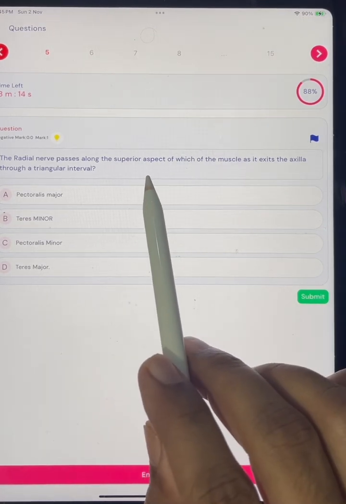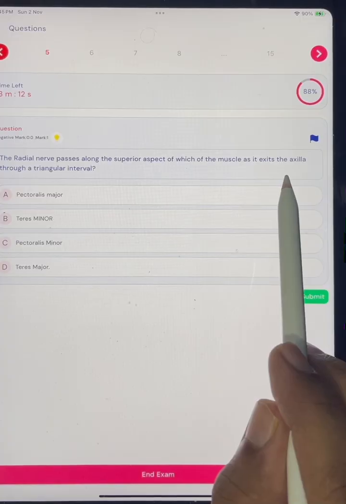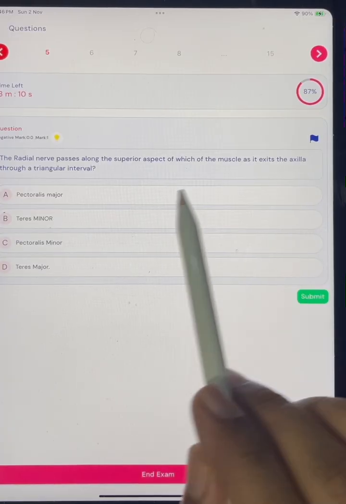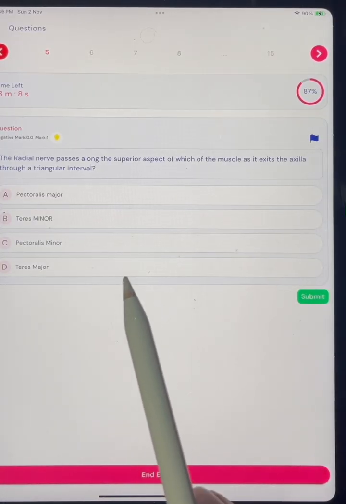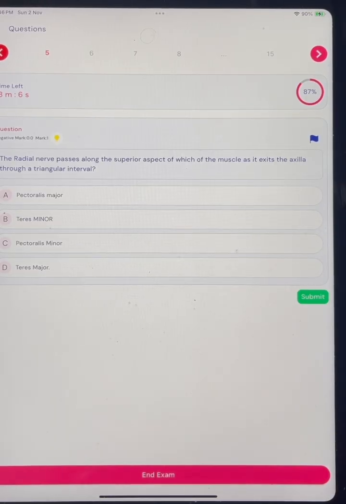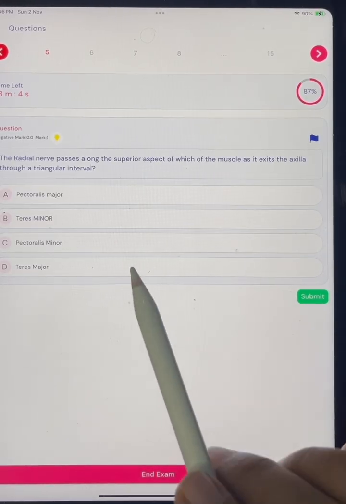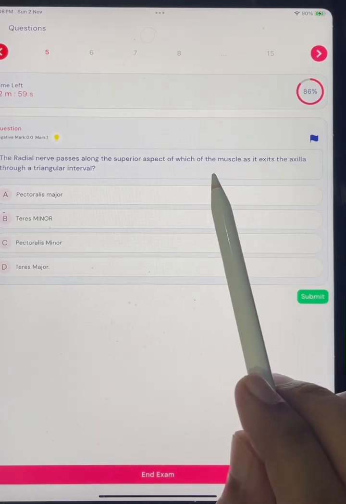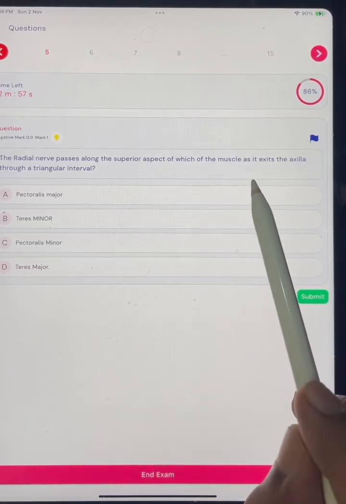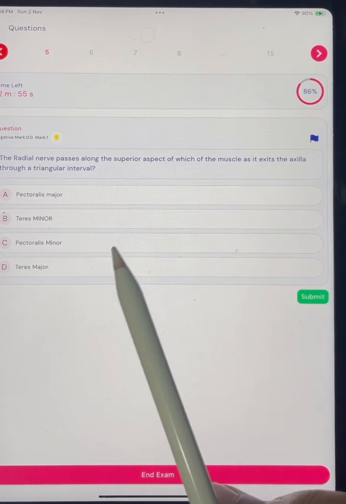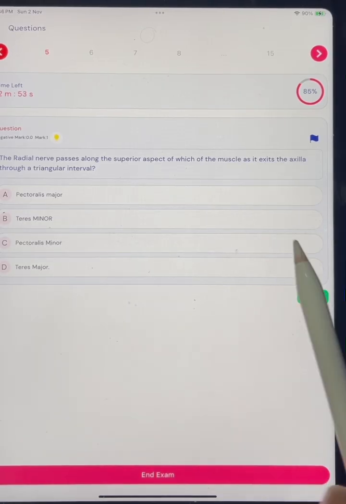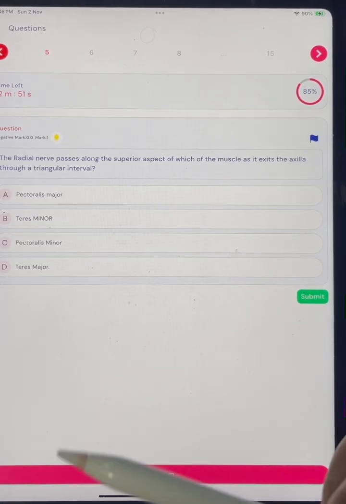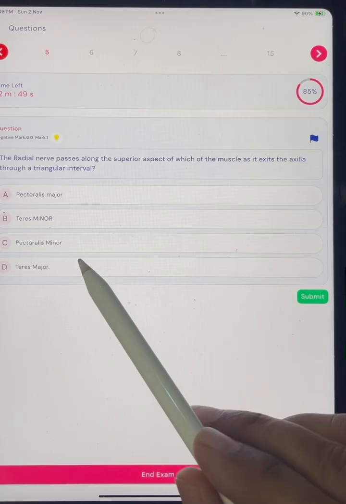The quadrilateral space is for the axillary nerve, and the radial nerve passes along the superior aspect of which muscle as it exits the axilla through the triangular interval? Actually, the superior border is teres major.